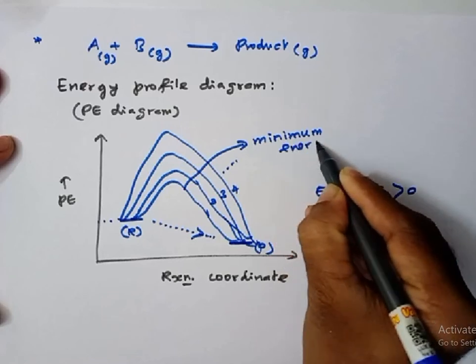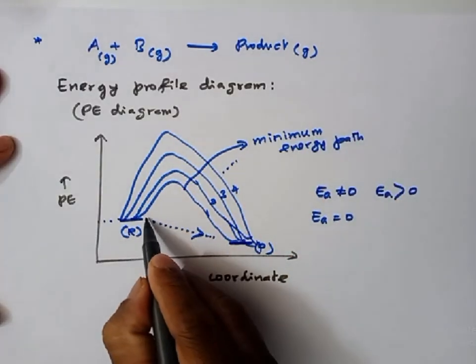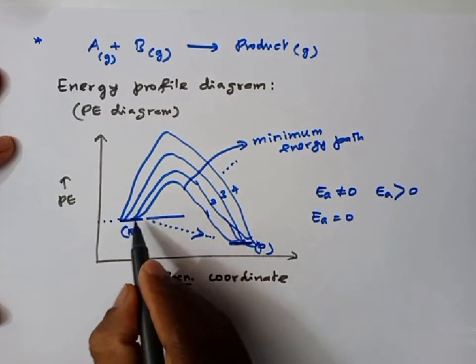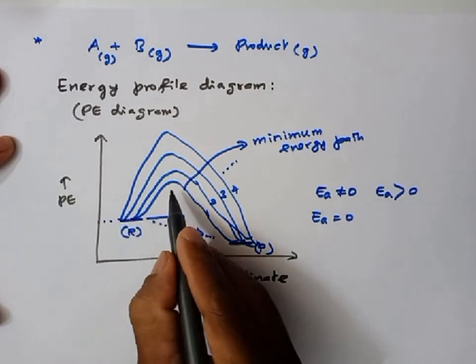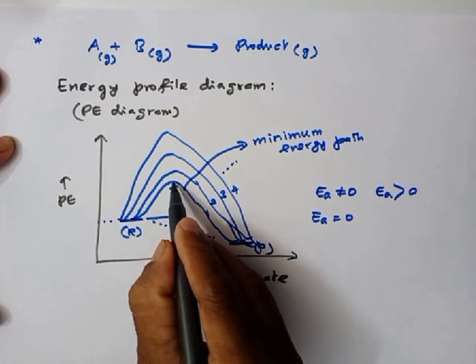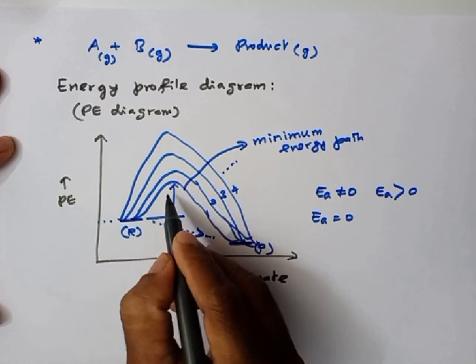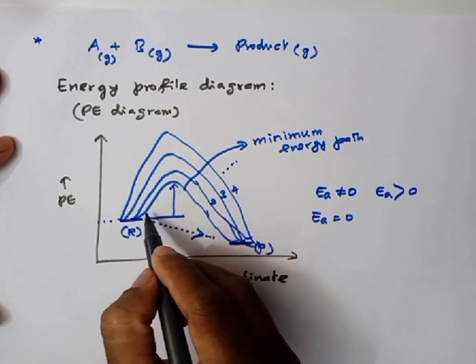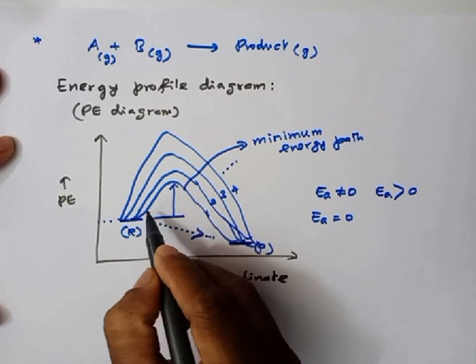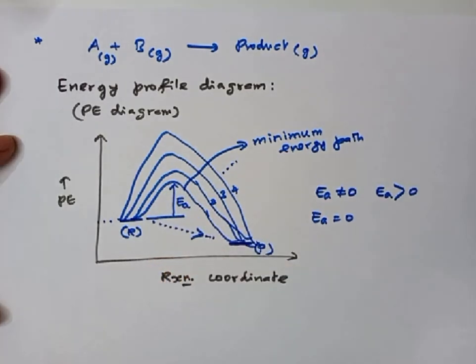The energy that is acquired by the reactant molecules to reach this barrier, this top, the peak point, is called the energy barrier. To reach this energy barrier, reactant molecules must acquire some energy. That energy is what we call activation energy.